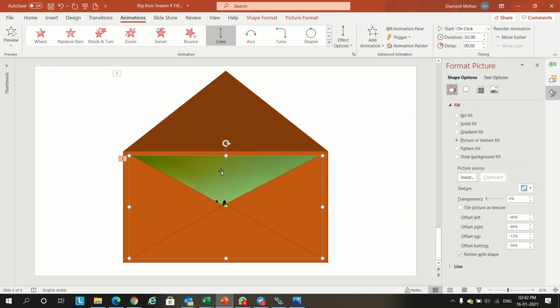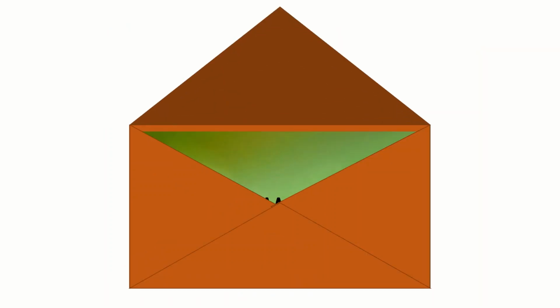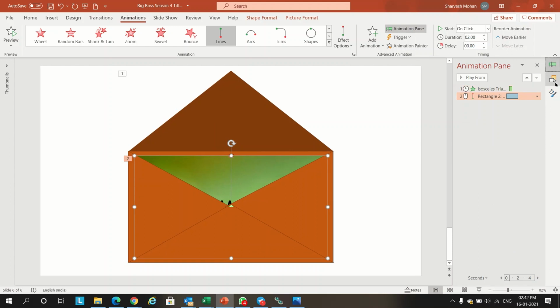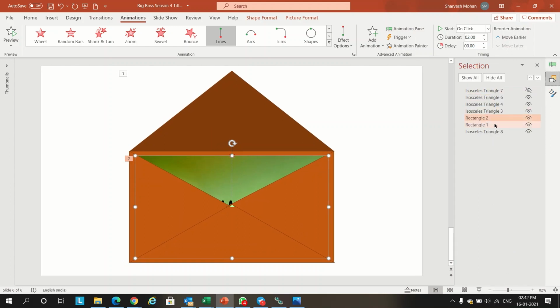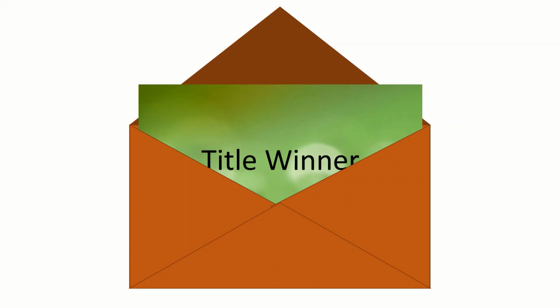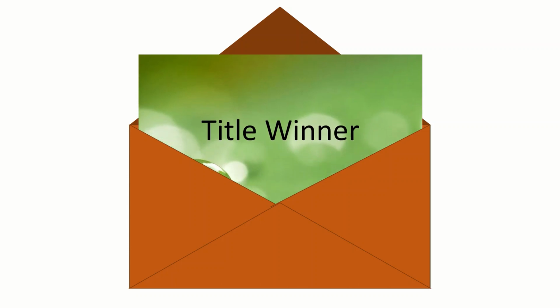So this will add the background for this card. Let's go and see how it is animating. Before that, we'll change the isosceles triangle to show all. This is our final result of the envelope opening.